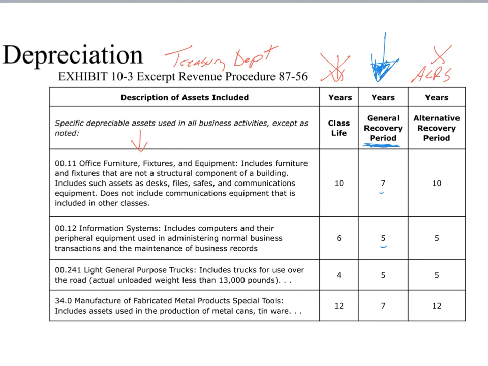General light purpose trucks, and there's a weight limit. Heavy trucks, 18-wheelers, have different recovery periods. That's a 5-year recovery period for those. And then manufacturing tools have a 7-year recovery period. Again, this chart is in your PowerPoint, but it's also going to be in a MACRS file.